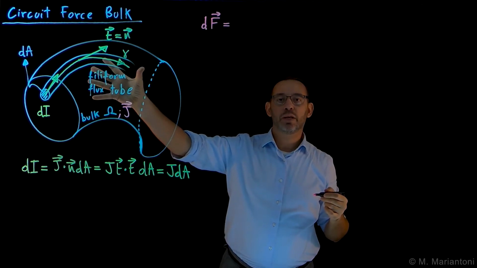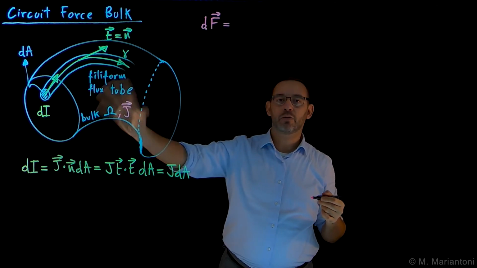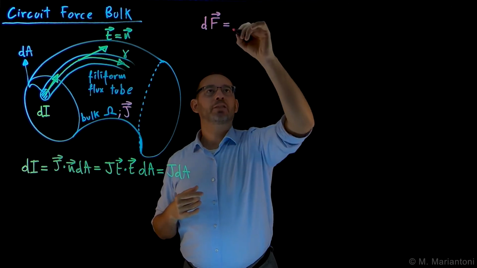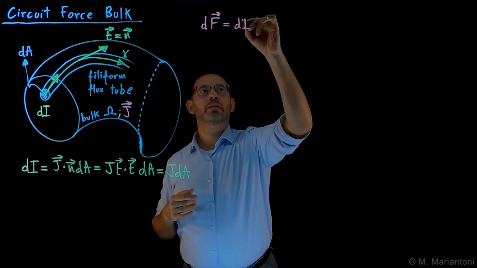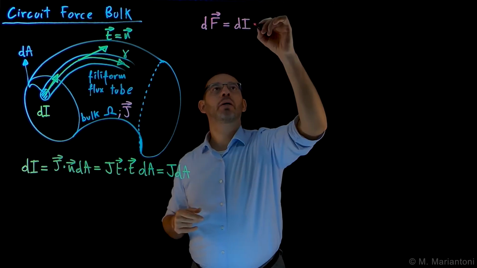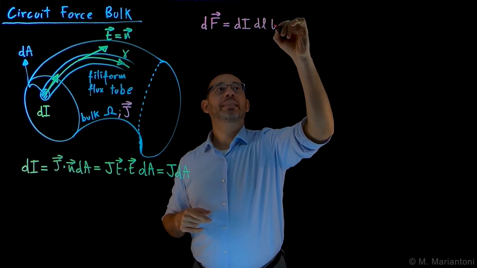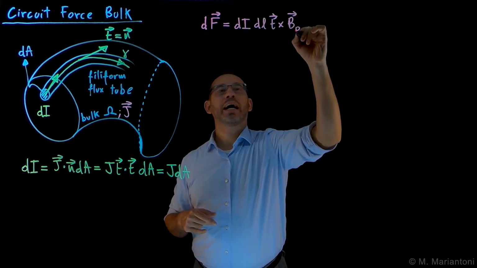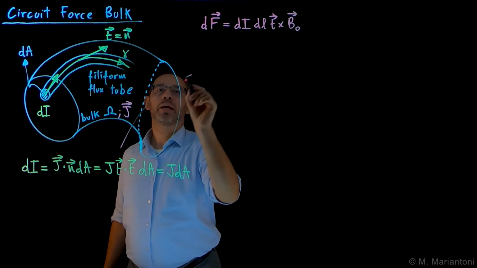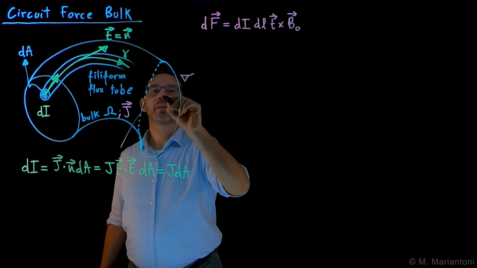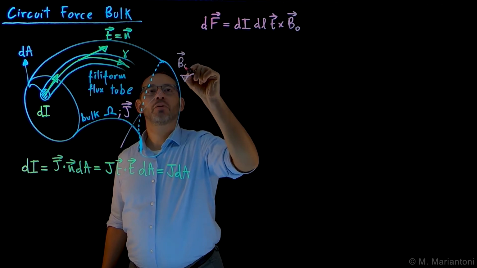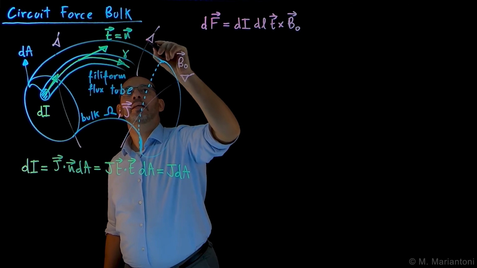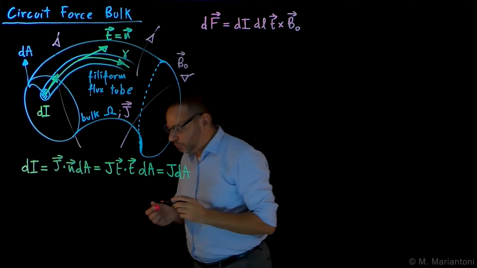Now, one of these flux tubes, and again, I need an infinite set of them to rebuild the entire bulk conductor, will have a current, which, remember, was I. Let's call it dI in this case, more properly, the current associated with one filiform flux tube, times dl, t, vector B naught, if this conductor was in presence of an external magnetostatic field B naught, precisely as we have done in the previous video, with these lines, like this, let's say generated by an external source.